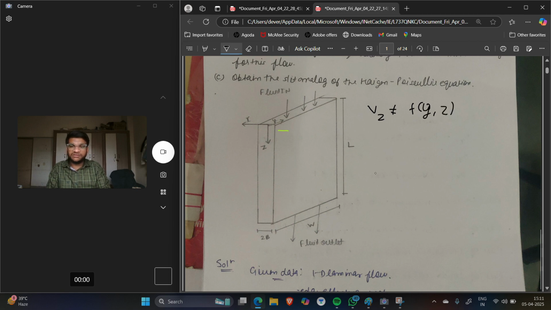Now comes the x term. Let me rotate this slit, and suppose this is my slit.